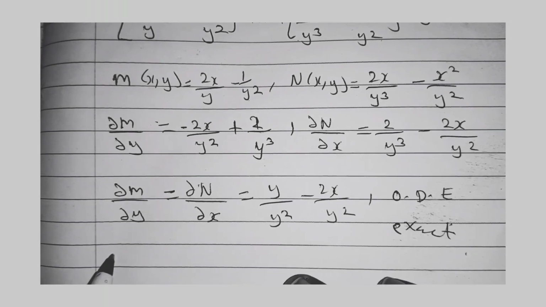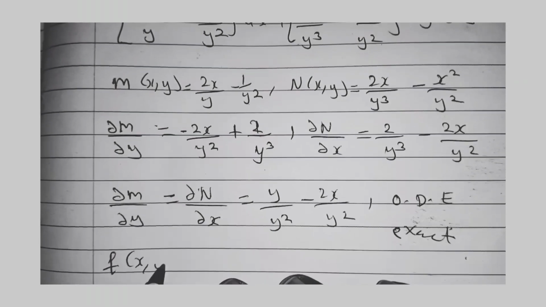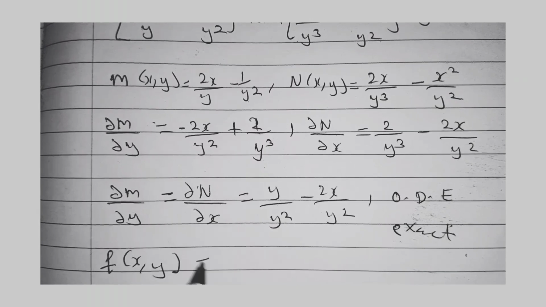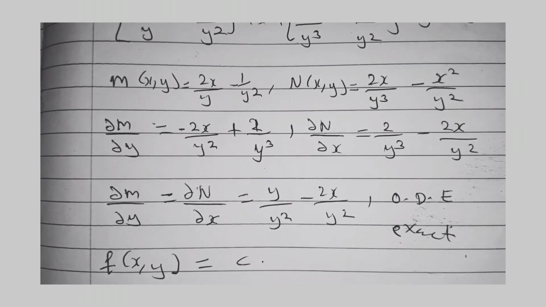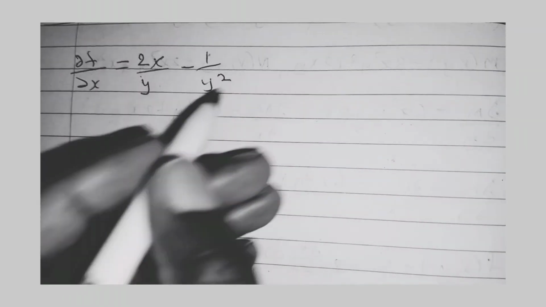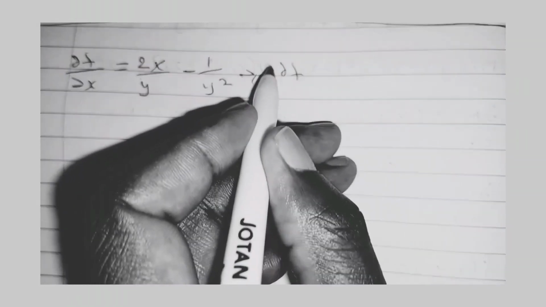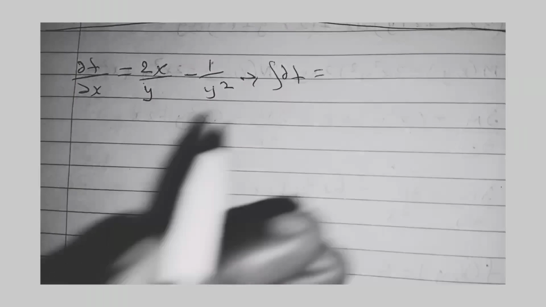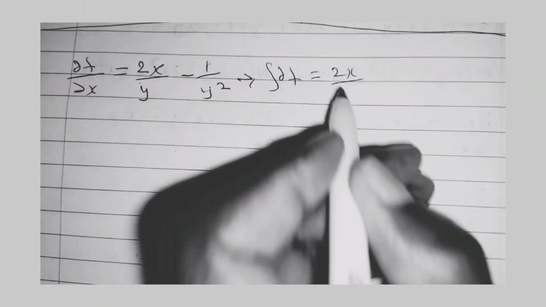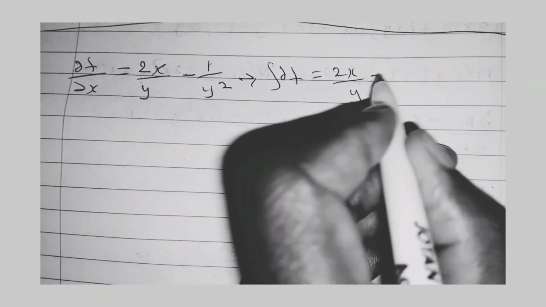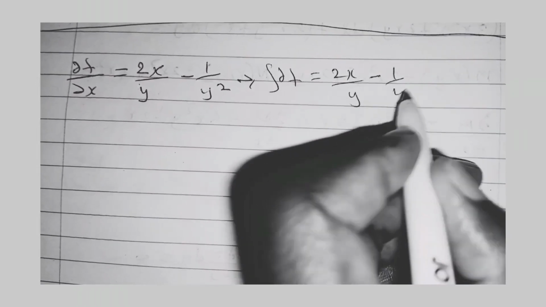Our solution will be of the form f of x, y is equal to c. Now from this one, we can integrate both sides, whereby we are going to get partial of f integral, which is equal to 2x over y minus 1 over y squared dx.